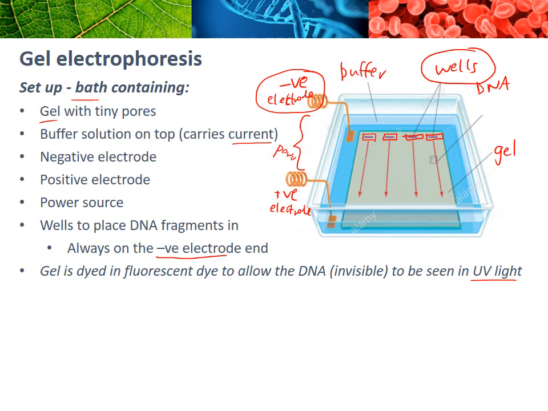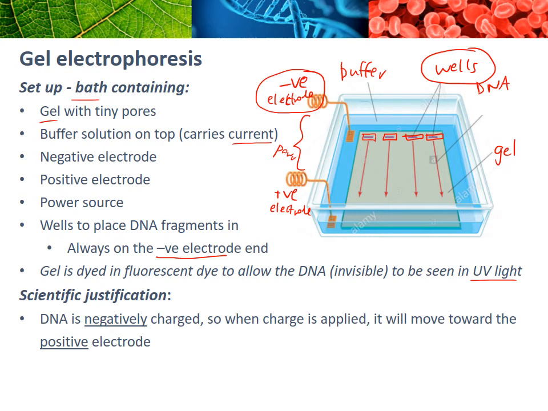The theory on how this works, or why this works, is that DNA is negatively charged. All DNA, it doesn't matter what the combination of bases are, all DNA has a negative charge. So if we put something that is negatively charged next to a negative electrode, it will get repelled from it.